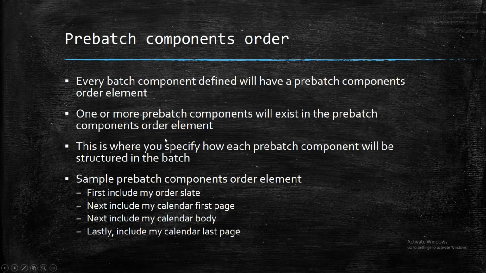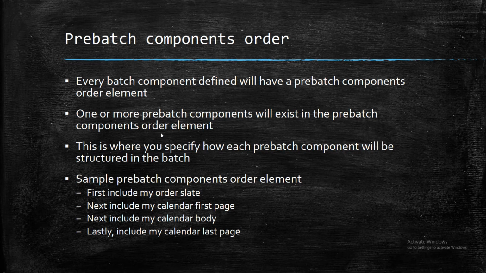Next, we're going to take a look at the element called pre-batch components order. Every batch component defined will have a pre-batch components order element. One or more pre-batch components will exist in the pre-batch components order element, and this is where you specify how each pre-batch component will be structured in the batch that's getting built.